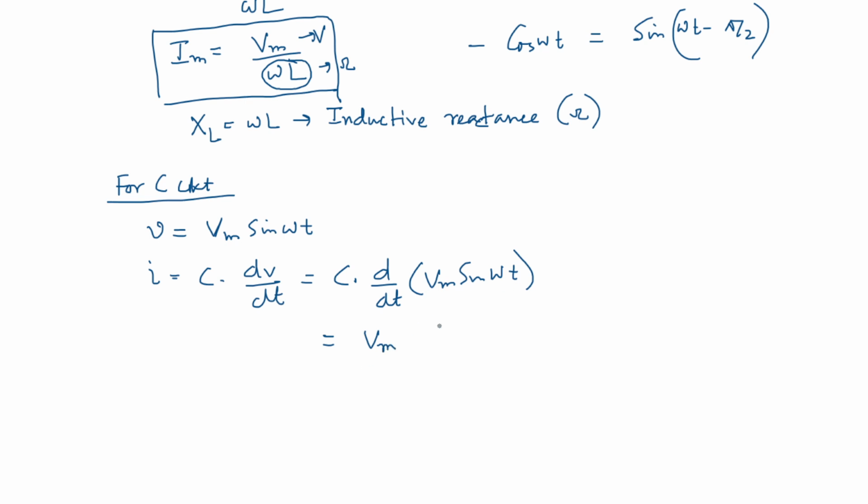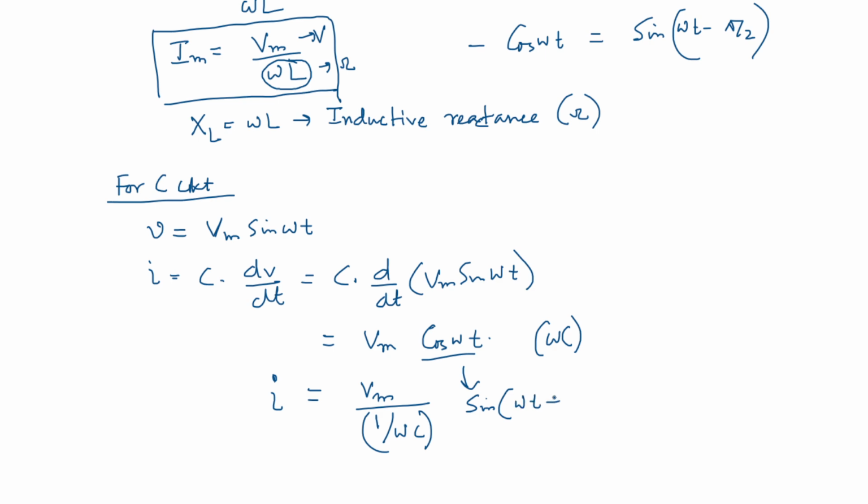The derivative of sin omega t is cos omega t, and you have an extra term omega and this C. So in this way we can write cos omega t, Vm by 1 by omega C. So you have I is equal to Vm by (1 by omega C) cos omega t. Now this cos term can be written as sin(omega t plus pi by 2).